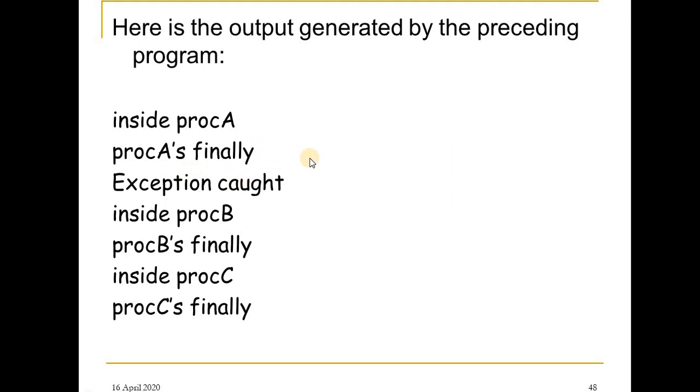Procedure A is finally. And finally the catch block of the main method, which will handle the exception, will get executed. Exception caught. Next, it will display inside procedure B. Procedure B is finally. Inside procedure C, and procedure C is finally. This is how the output looks.